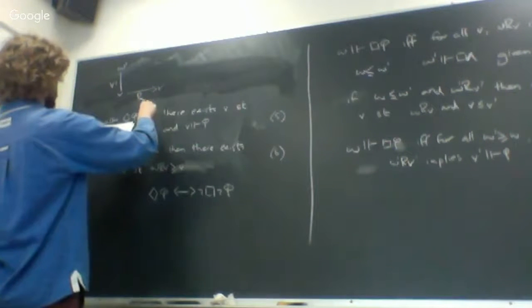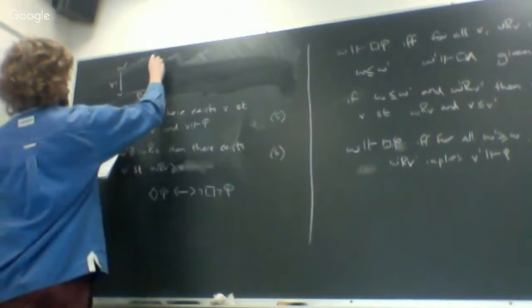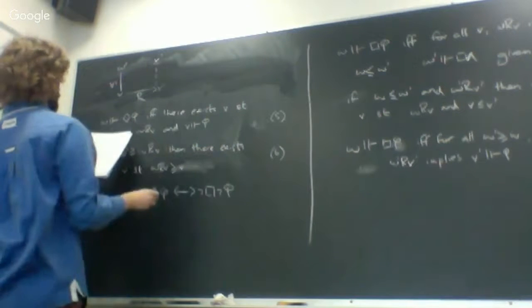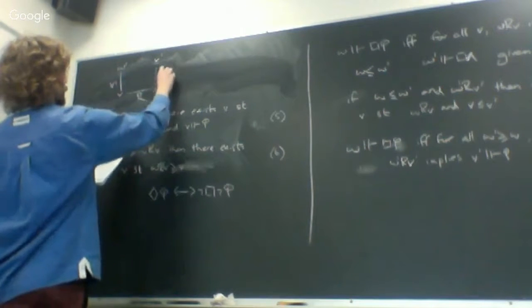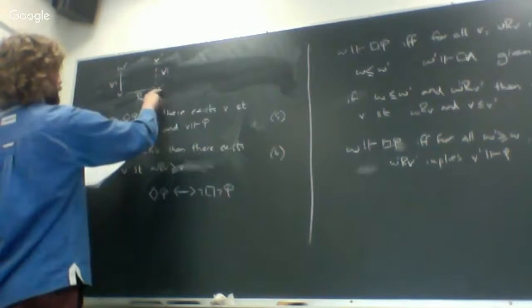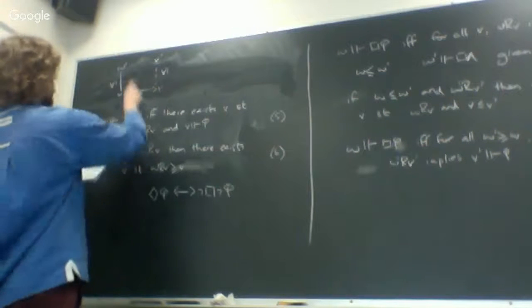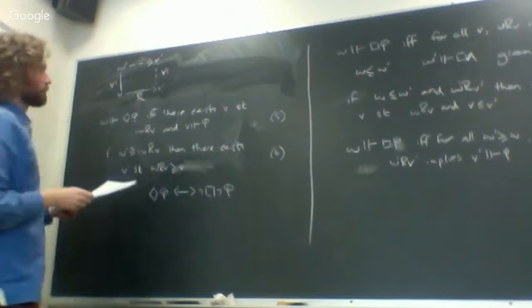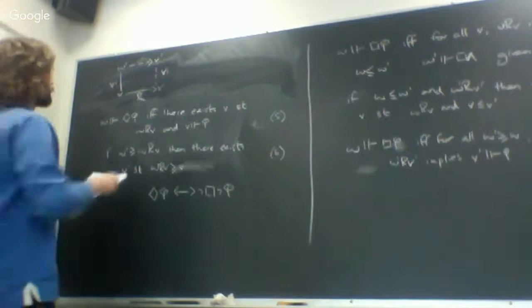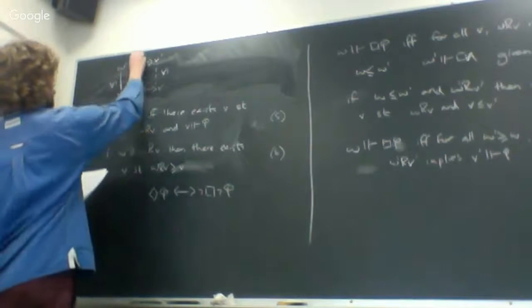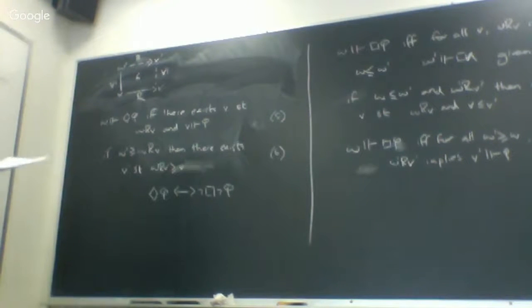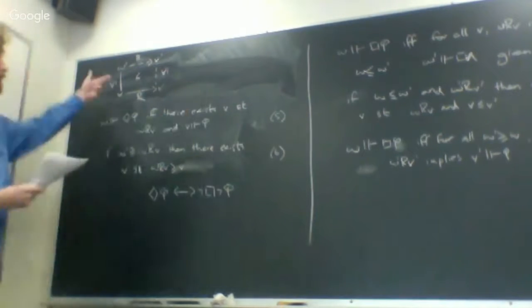Then we get a v prime here that's greater than or equal to v, and I think this is 6. R. And that's an R. So this is 6. And 2, you can draw 2 now.